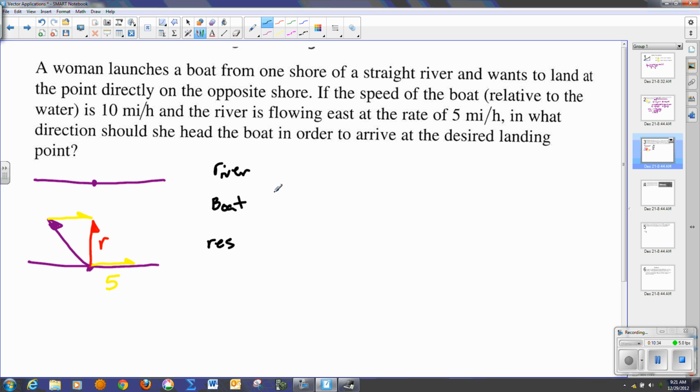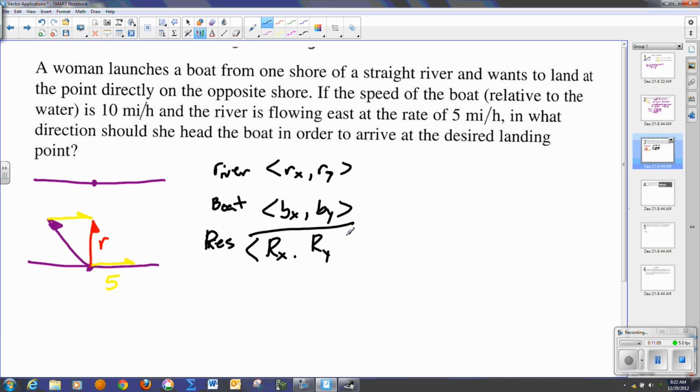And if I take my river, we'll go R, R is the resultant, a capital R. All right. I have to take my Rx and my Ry here, add that to my Bx and my By here, and when I'm done with that, I get my resultant X and my resultant Y. So that's what I'm going to want to do.